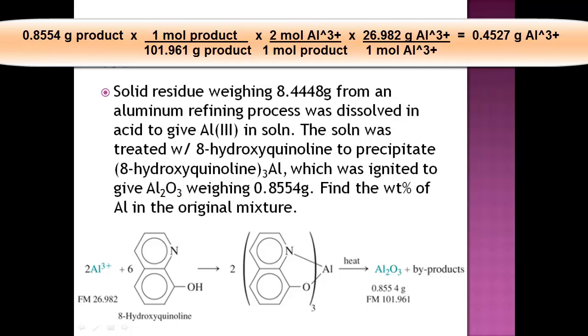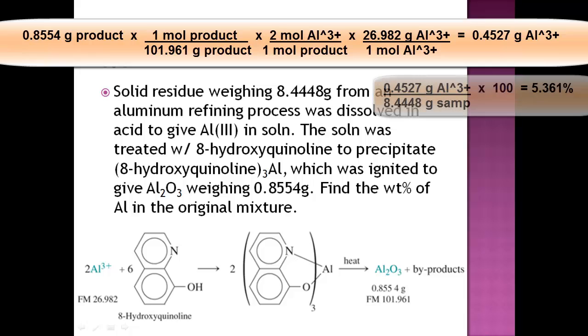Now, the only thing you have to do to find the weight percent is put the 0.4527 grams of aluminum divided by the solid residue, the mass of the sample, which was 8.4448 grams of the unknown, and then times 100. And you'll see that you should get 5.361%. So these are really simple. They're exactly like what you used to see in general chemistry. So these shouldn't give you any problems whatsoever.